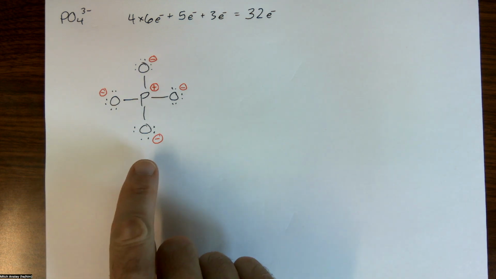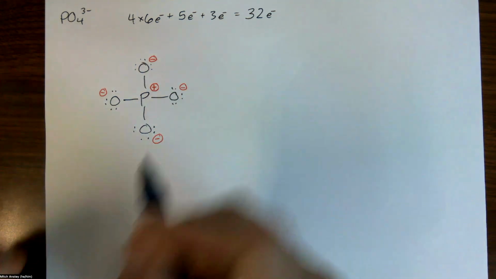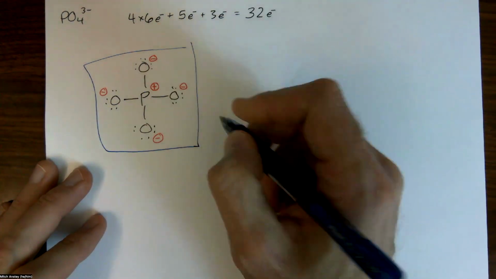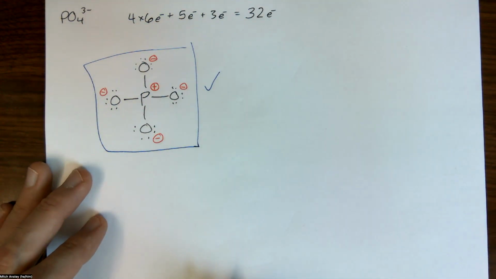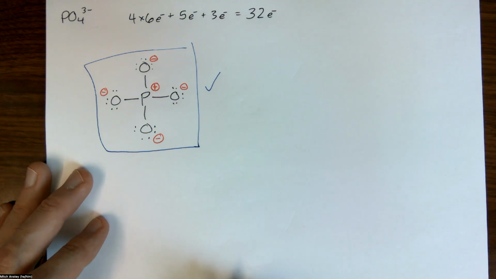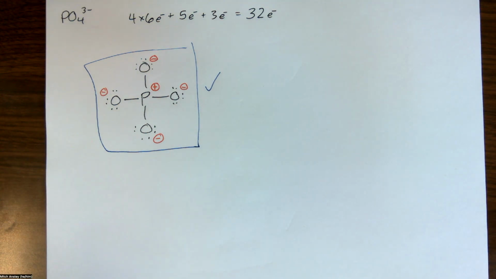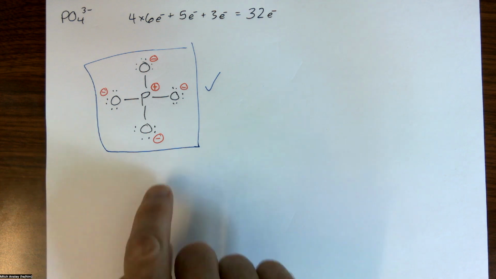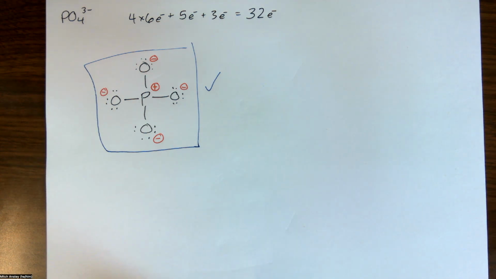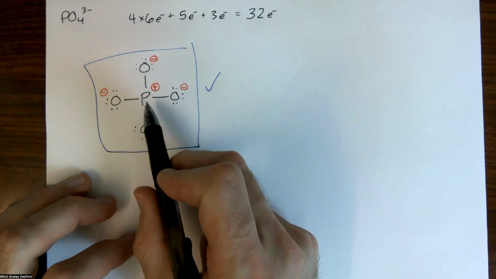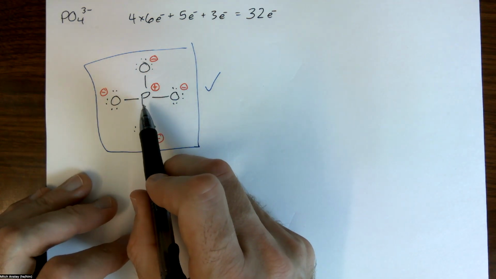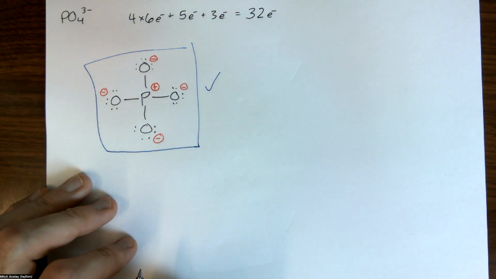However, while this structure to me is perfectly acceptable, it is actually not supported by all the evidence that we have related to computational and spectroscopic evidence. This is not the kind of structure that you will find. Given that phosphorus is right next to sulfur in the periodic table, it too can be hypervalent.